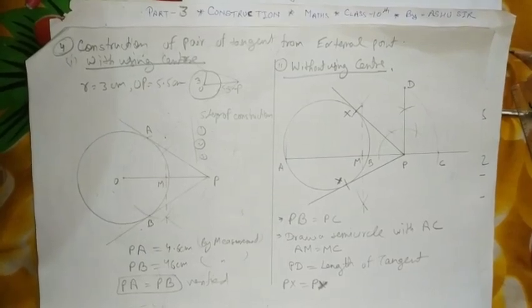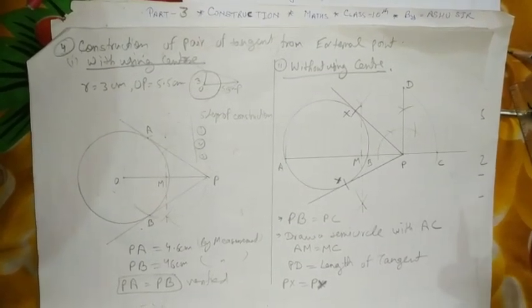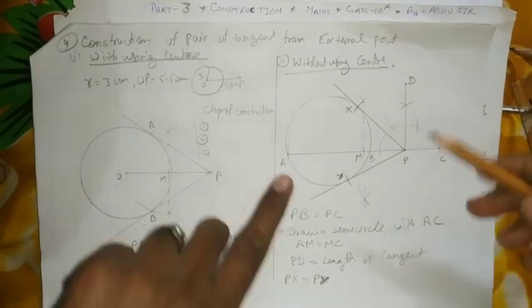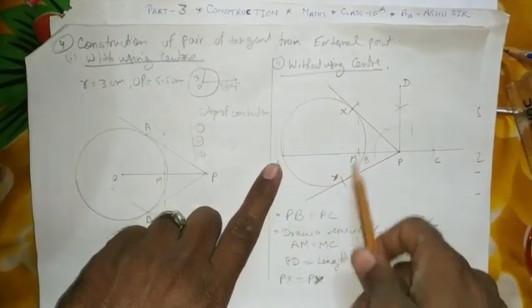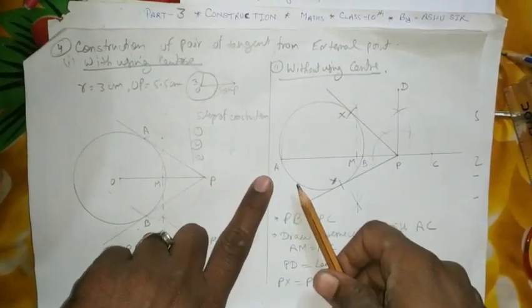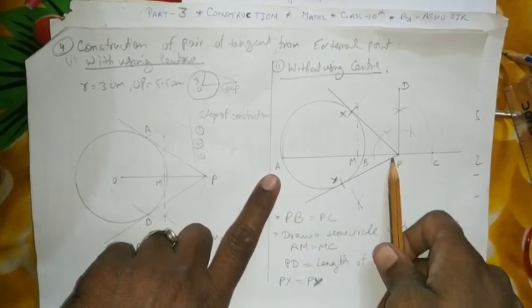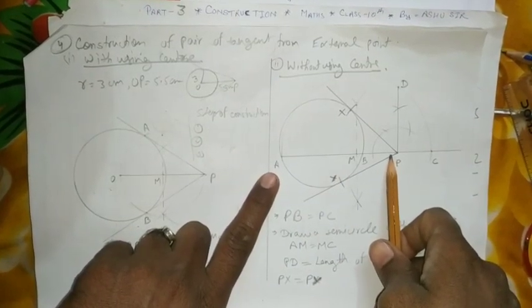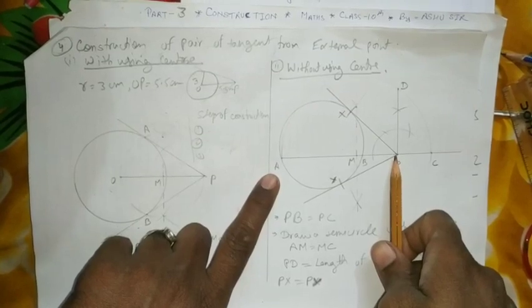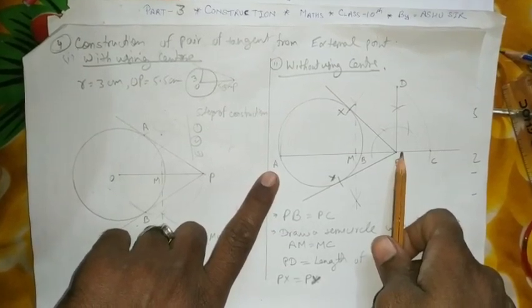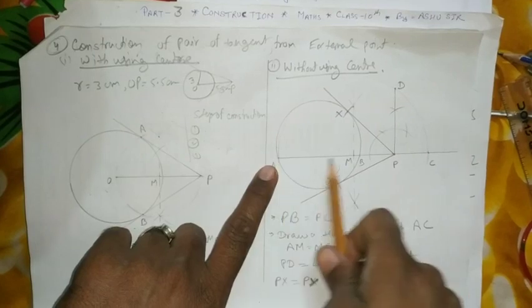We again revise all the steps. First step, draw a circle with the use of angle. Second step, take any point P outside the circle. Third step, a line drawn from P to the circle as a chord and extend to one side.